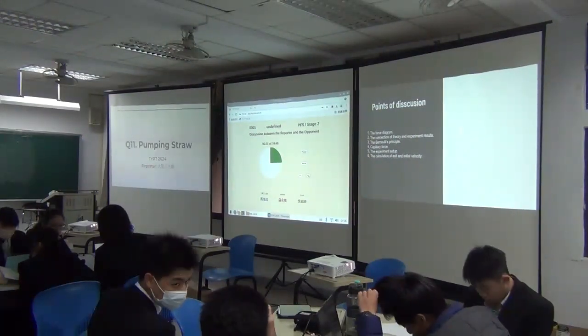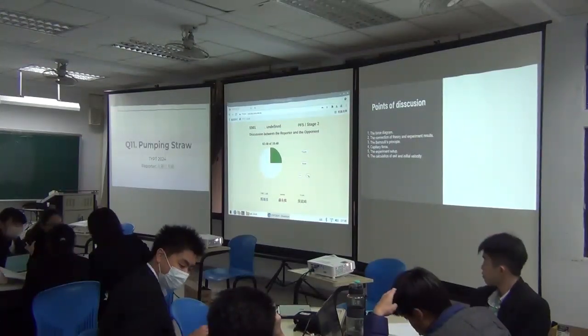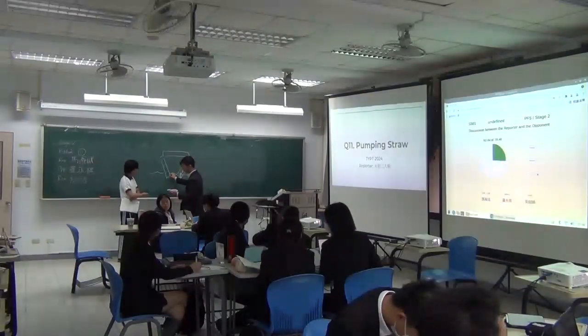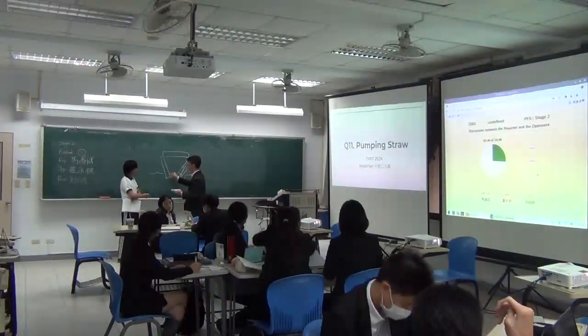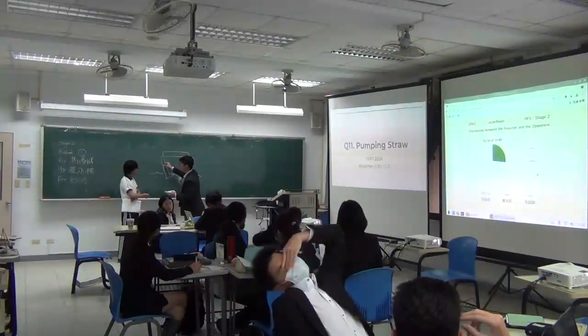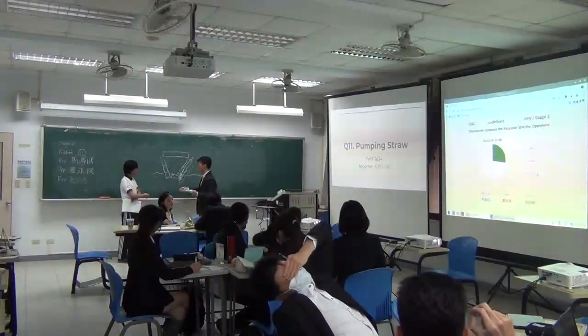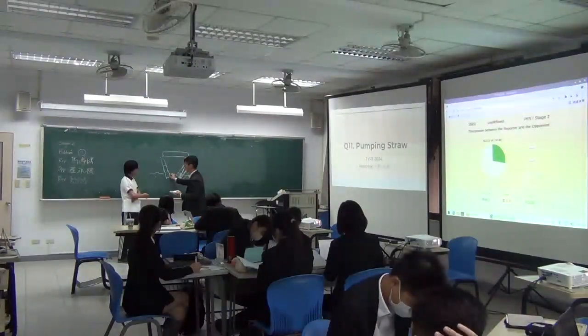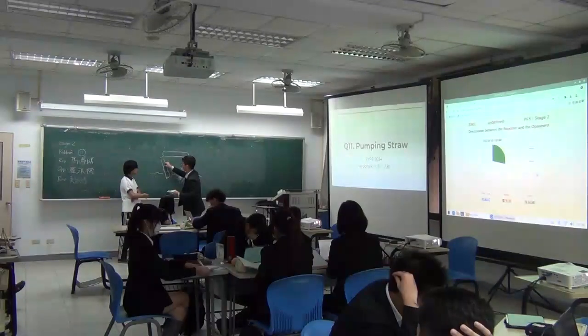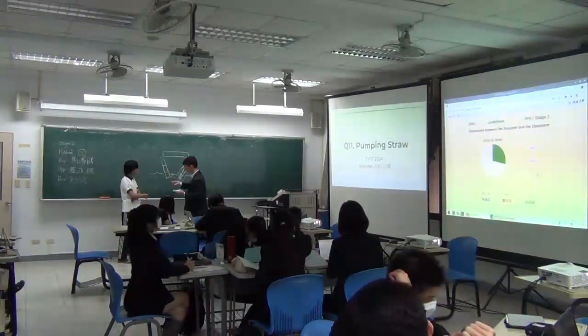So as one of your parameters, you change the radius of the straw, right? Yes. So do you agree with me that the point to discuss is about the capillary flows, because as the radius changes, the capillary flows differ. So what do you think of it?